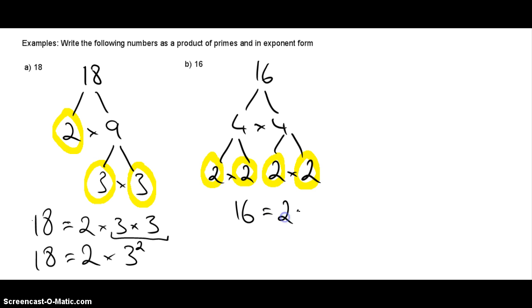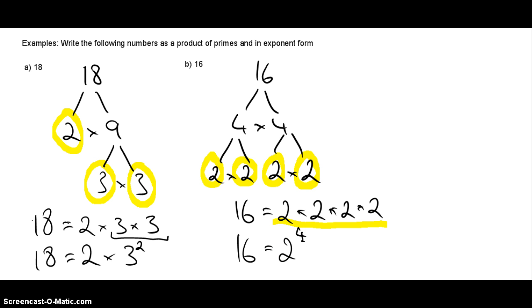So 16 equals 2 times 2 times 2 times 2, which is great. And write that out in exponent form again, because we now have 4 2's multiplying. That is 2 to the power of 4.